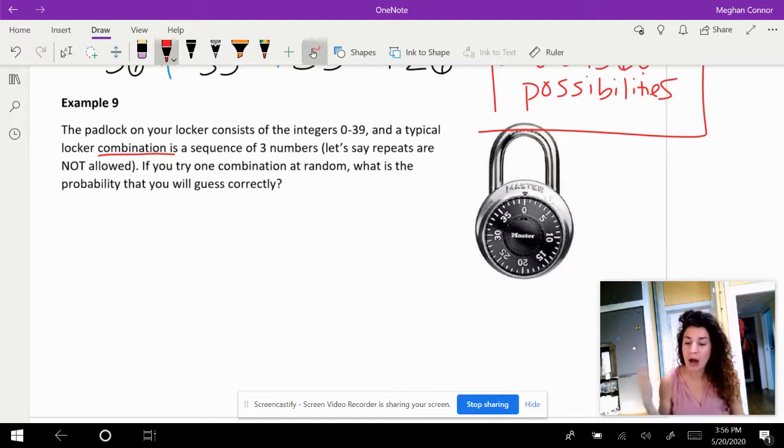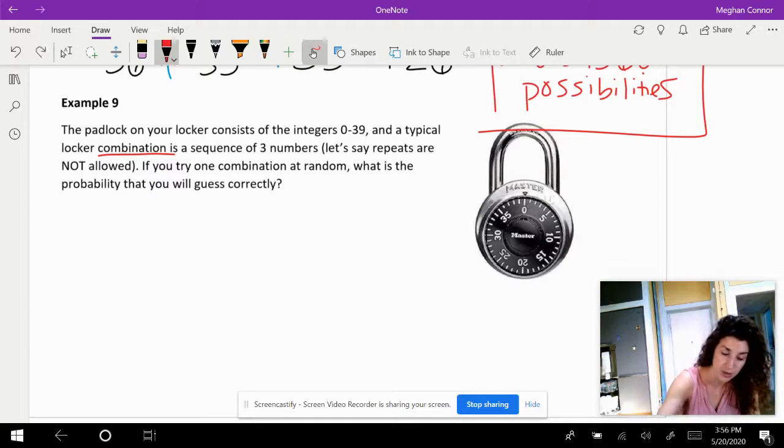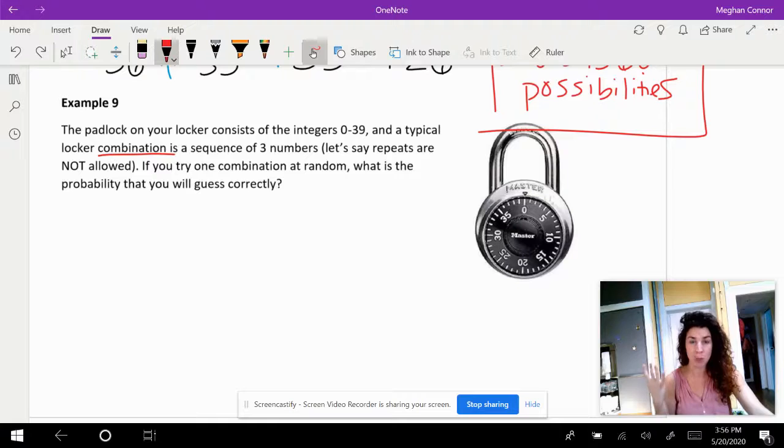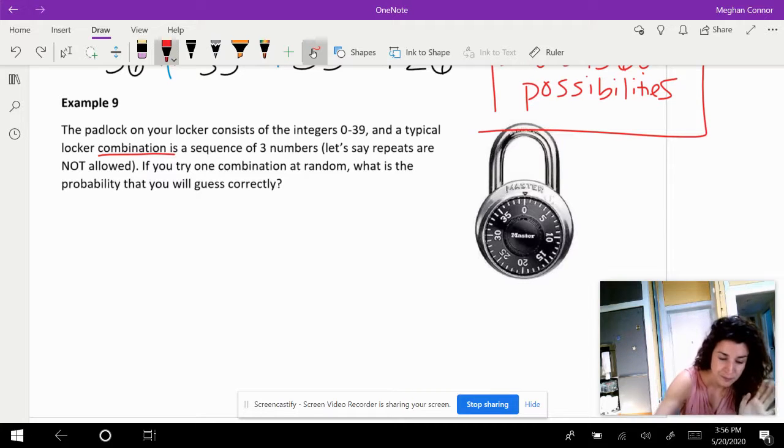So we're trying to figure out how many total options there are, right? This is asking us to calculate a probability, but we first need to know out of how many total options. There's 0 through 39 as our options for numbers, which means there's a total of 40 options. If you count 0 as one option, 0, 1, 2, 3, 4, right? So it's one more than 39, 40.